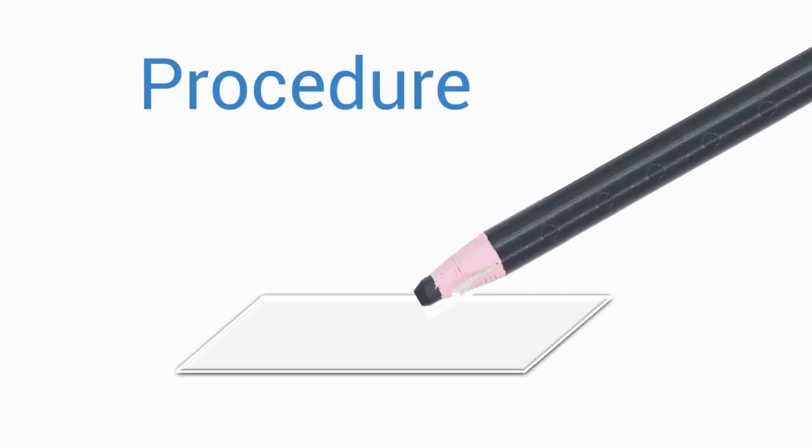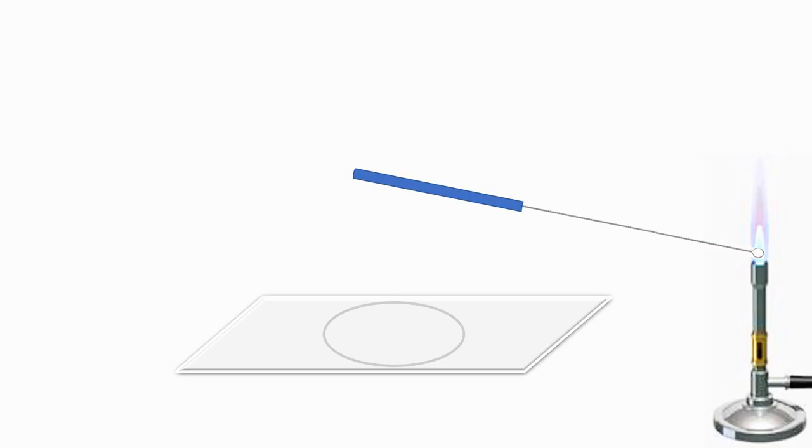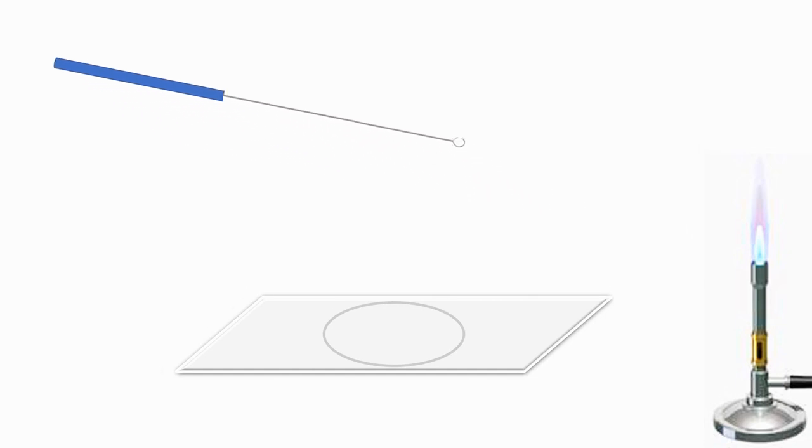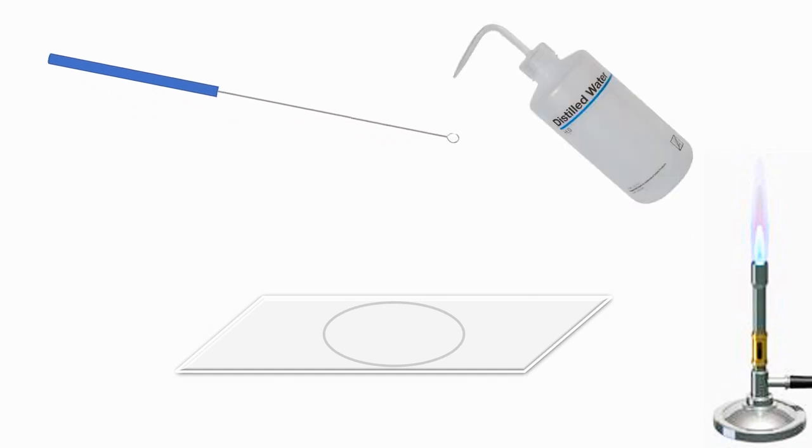Procedure for gram staining. First, we take a clean, dust and grease-free slide and make a small circle in the center of the slide with a wax pencil. Now sterilize the nichrome loop and allow it to cool. Put a drop of distilled water or normal saline onto the sterilized loop.